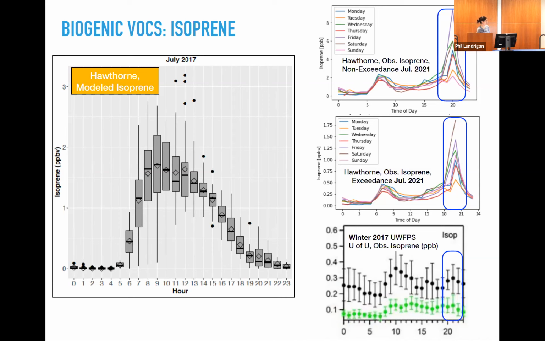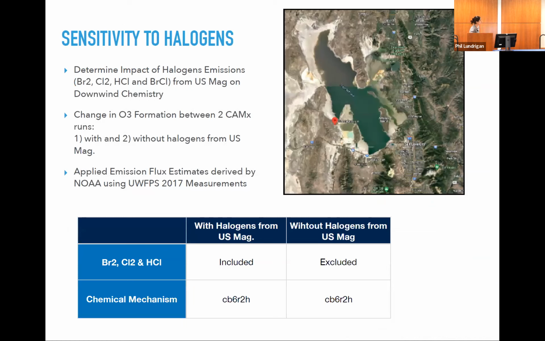Maybe transport from the lake, or mountain flows, unclear, but obviously we're not representing isoprene temporally well in the model. Also, it seems to stay high around midday, which we don't see in the 2021 measurements. So maybe isoprene is not oxidizing to other species, perhaps due to a lack of oxidants. We still need to investigate that, but the conclusion here is that we're not representing isoprene very well.